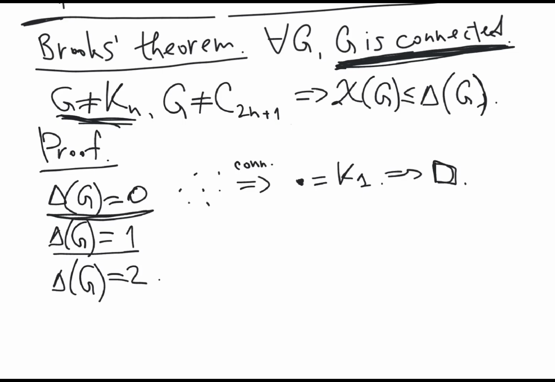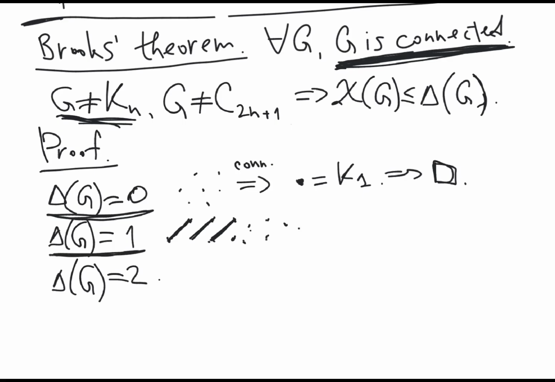This means that all the vertices are divided into pairs of vertices. So we have edges that connect some vertices, and we possibly have some isolated vertices as well. This is all graphs that have maximum degree 1.